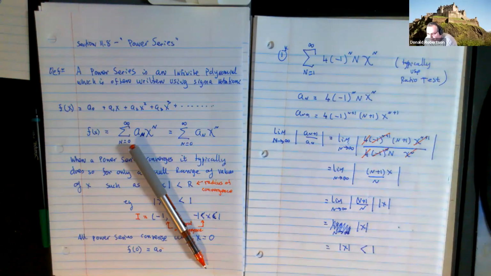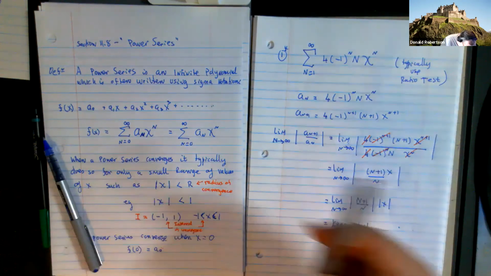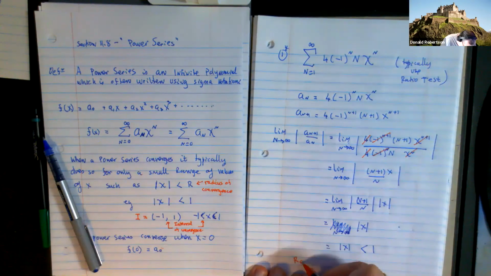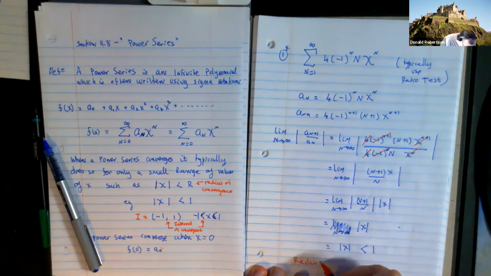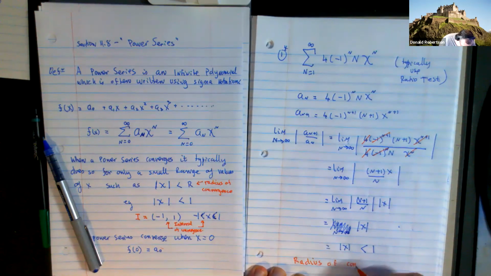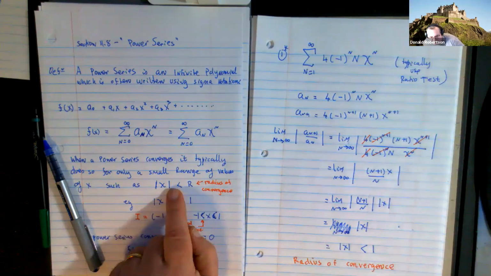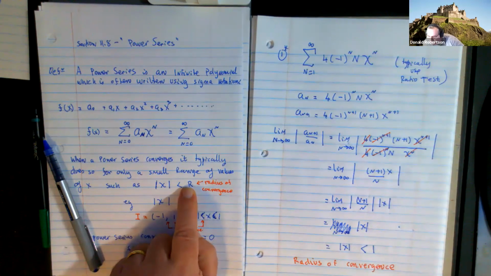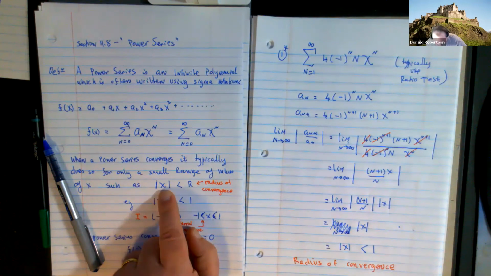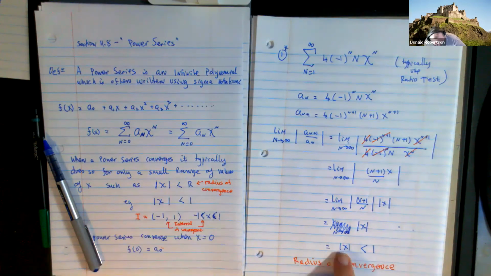I have now found the radius of convergence. Remember, the radius of convergence is this number here, right? The absolute value of x is less than a number. Can you see the absolute value of x is less than 1?